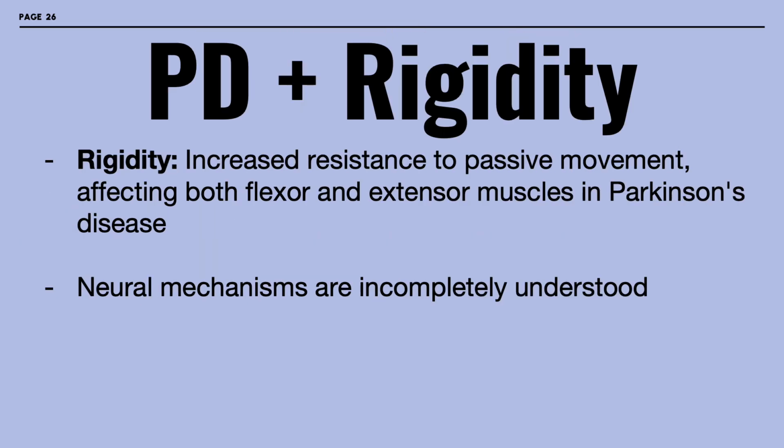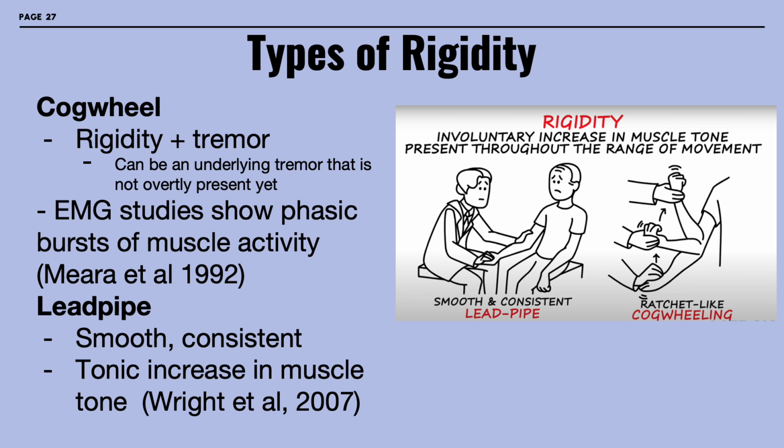Now we're going to move on to Parkinson's disease and rigidity, as this is a common diagnosis associated with rigidity. Rigidity is an increased resistance to passive movement affecting both the flexor and extensor muscles in Parkinson's disease. The neural mechanisms are very complicated and very incompletely understood. There are two main types of rigidity.